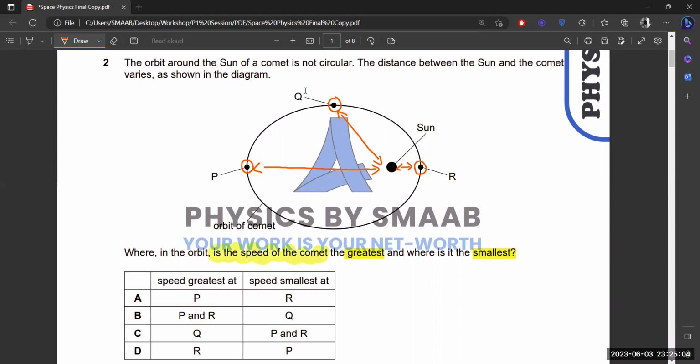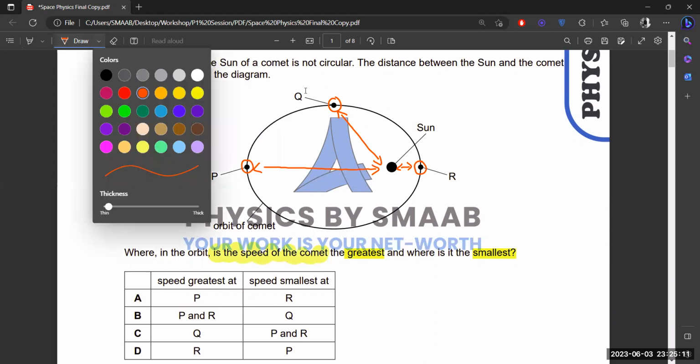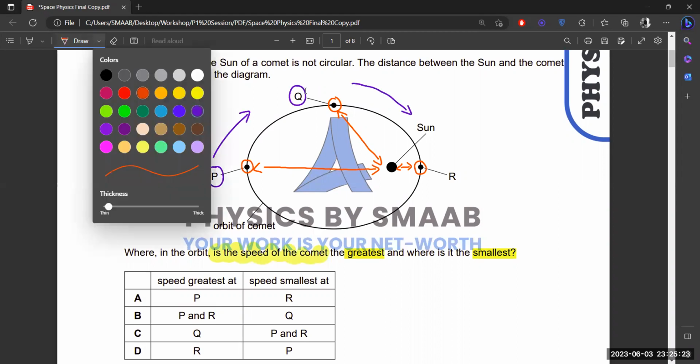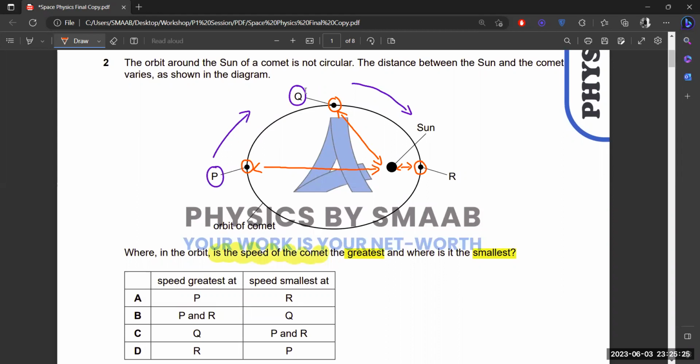And Q is in the middle between R and P. And the rotation is anti-clockwise, because if we move in alphabetical order, the comet is orbiting from P to Q, then Q to R. So we can easily identify the direction of rotation with the help of the alphabetical order.